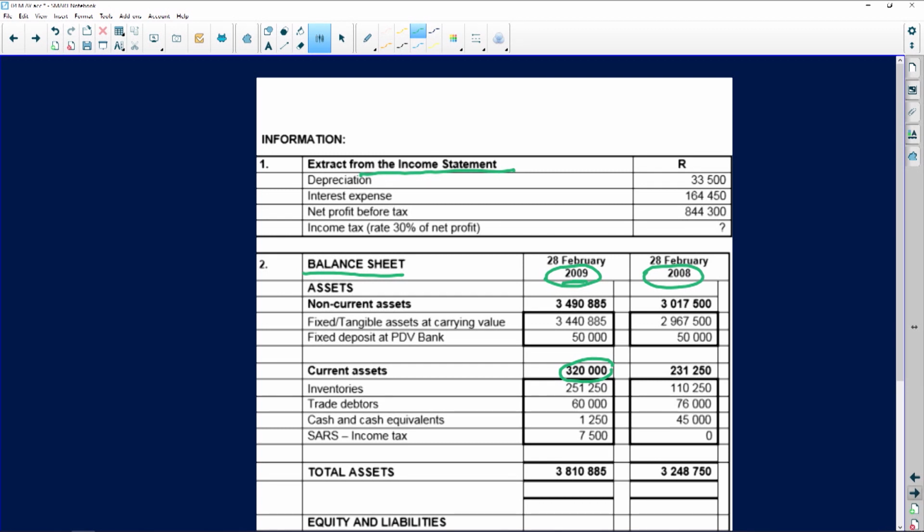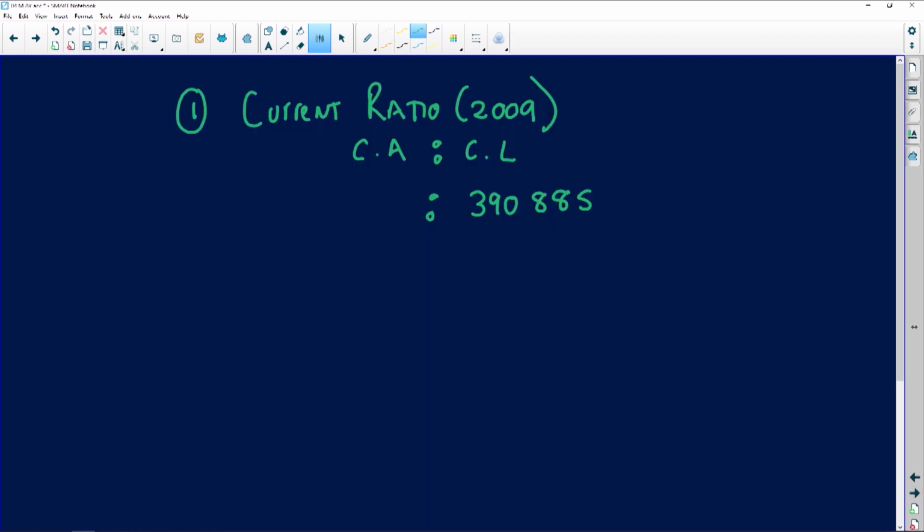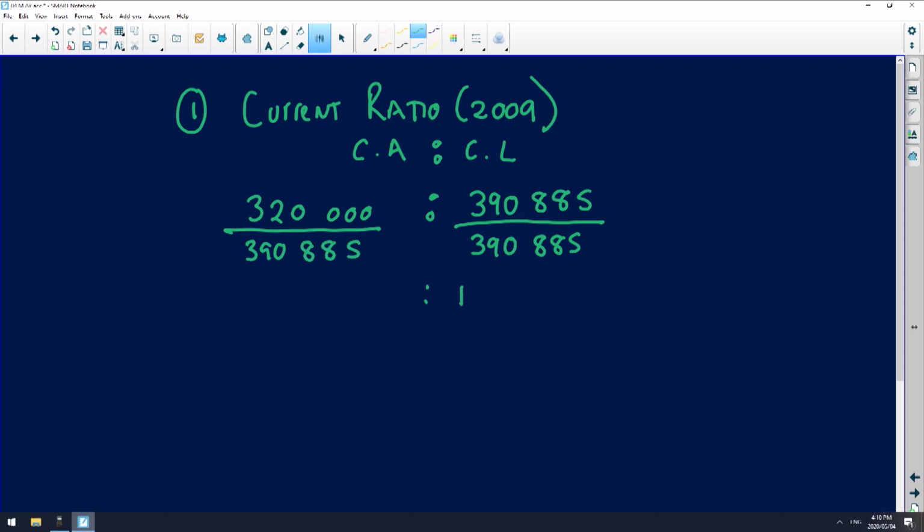So let's fill that in, 320,000. Right, so obviously in order for me to calculate a ratio, the right-hand side must always equal 1. So divide by 390,885 to get 1. I obviously do the same on the left-hand side, divide by 390,885. And let's now get the calculator out.